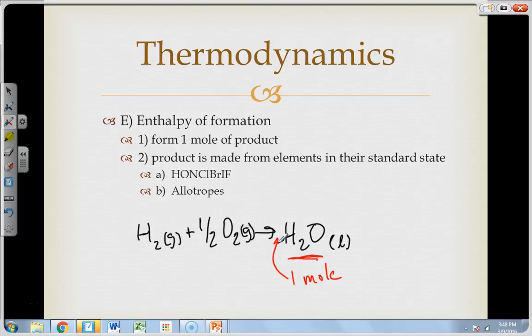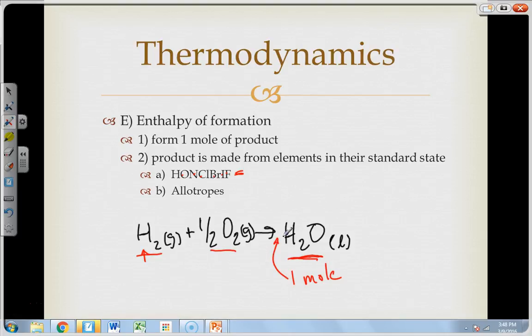The coefficient here has to be just 1 mole. And then the 1 mole of product is always made from its elements, and just its elements, in their most common standard state. So things like knowing the diatomic elements, like hydrogen, oxygen, nitrogen, chlorine, bromine, iodine, fluorine, and then there's also oxygen, so that's part of it.